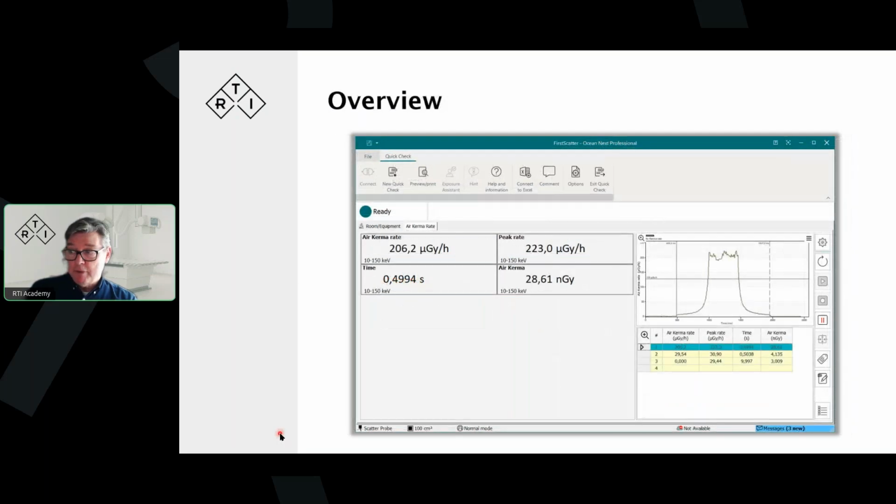Here are some examples of what it might look like when we're having a measurement. Now this is pretty solid. It's a 28 nanogray reading. What we've got here, the peak rate is 23, something like that. The air kerma rate average, of course, is in 206 somewhere, and the peak is up here. So that's pretty easy to read. If we go a little bit lower, then we'll see that with 4, we'll still see a pretty good reading here.